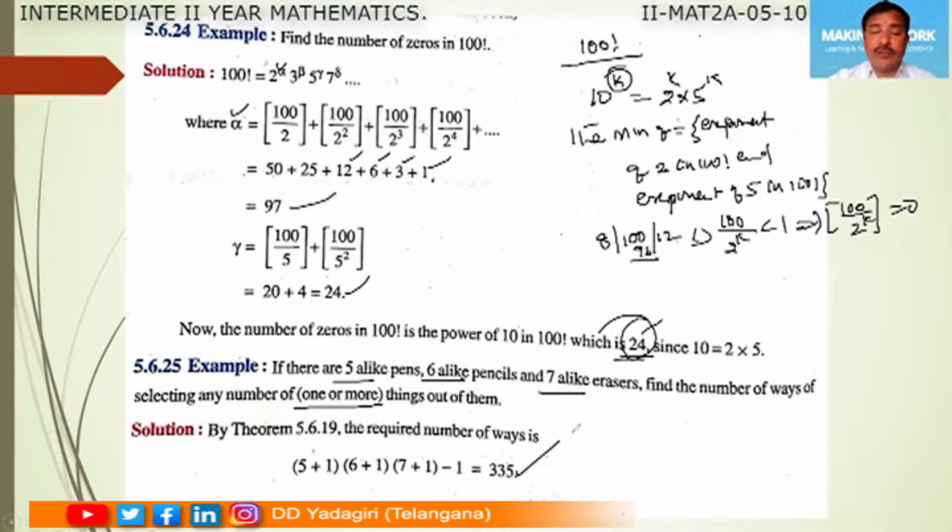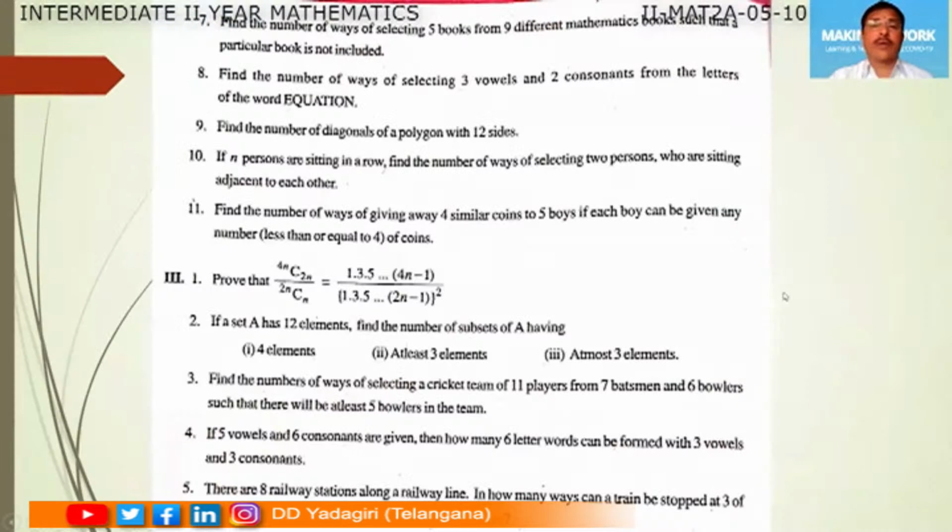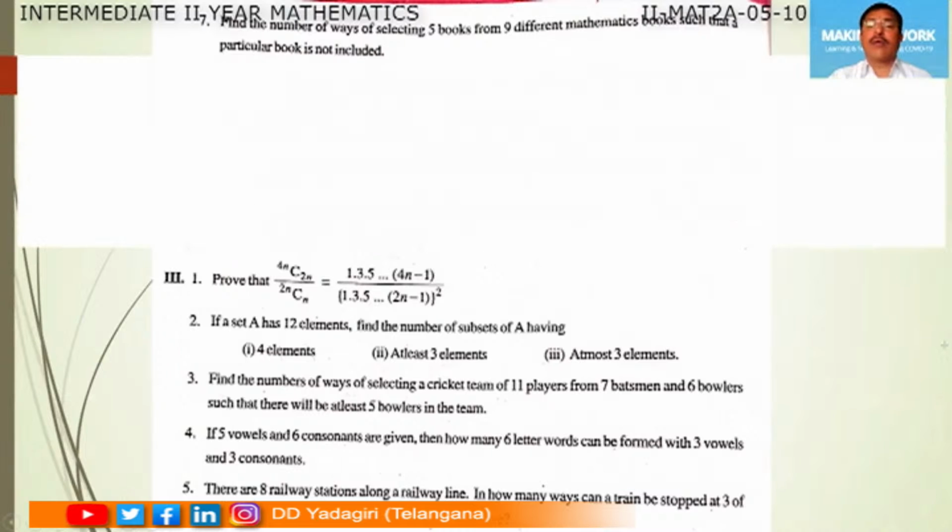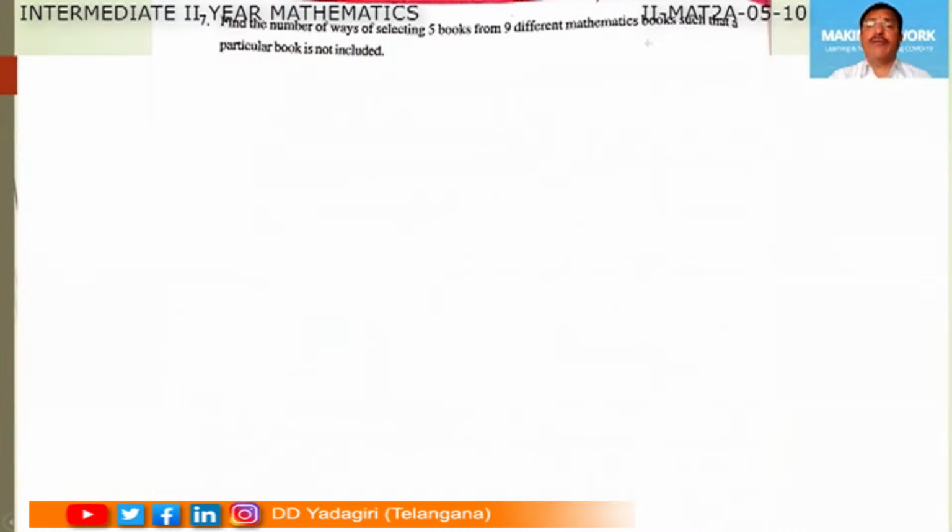Okay. Now we will do some other problems from the exercise. See the problems in the exercise. So let us do this question, 7th question. Find the number of ways of selecting 5 books from 9 different mathematics books such that a particular book is not included.